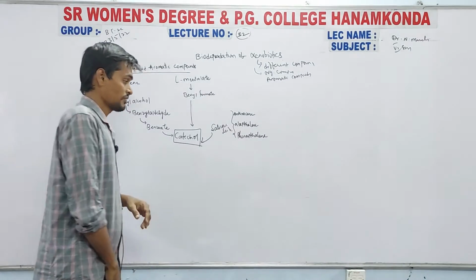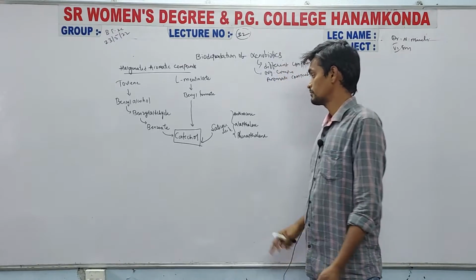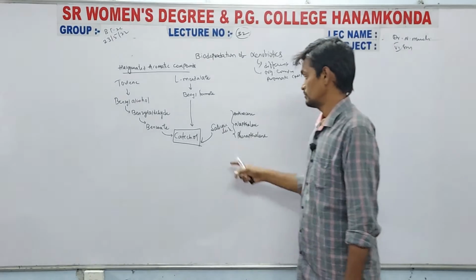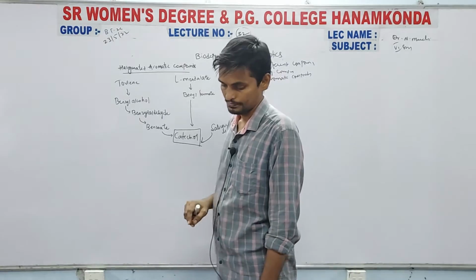So anthracene, naphthalene and phenanthrene will undergo degradation to form salicylic acid as an intermediate. This salicylic acid will further degrade into catechol.